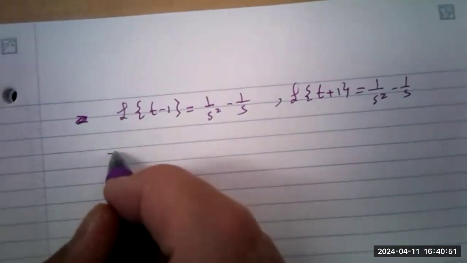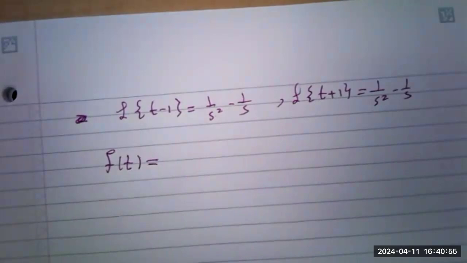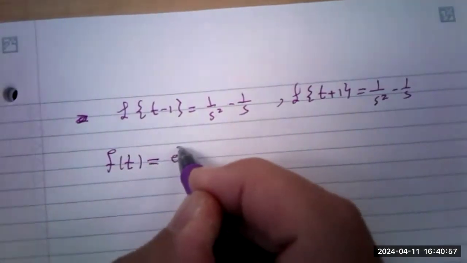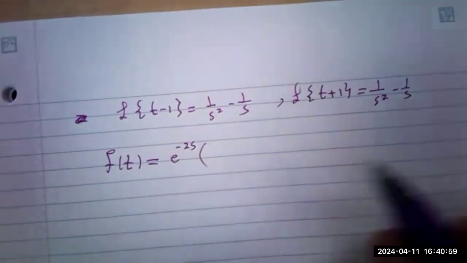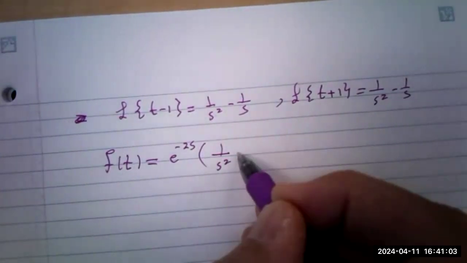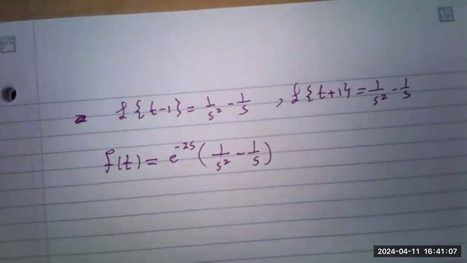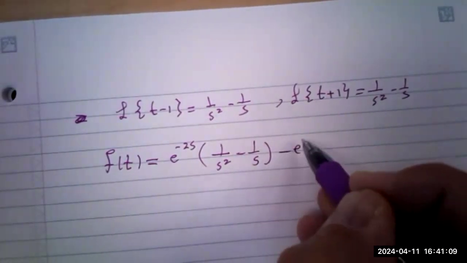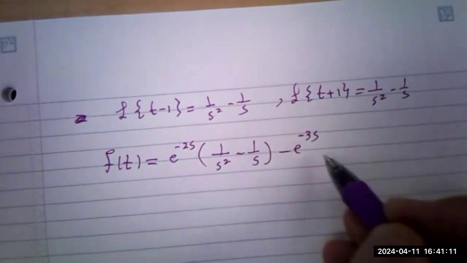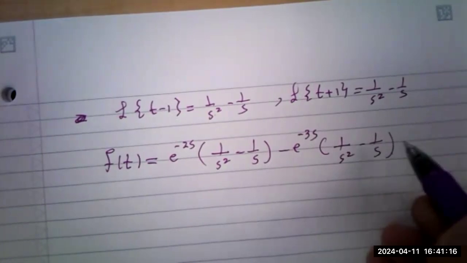What's going to be f of t now? F of t is equal to e to the negative 2s, now times this, 1 over s squared minus 1 over s. Okay? It was minus e to the negative 3s times 1 over s squared minus 1 over s.